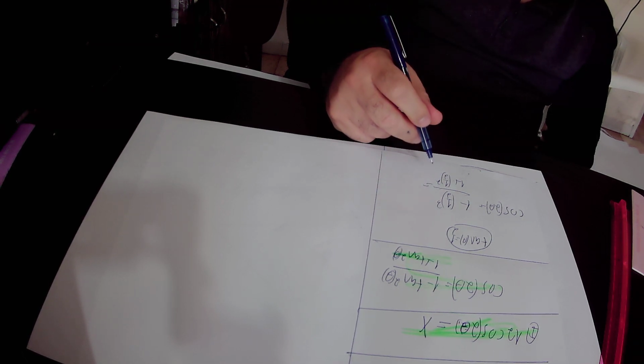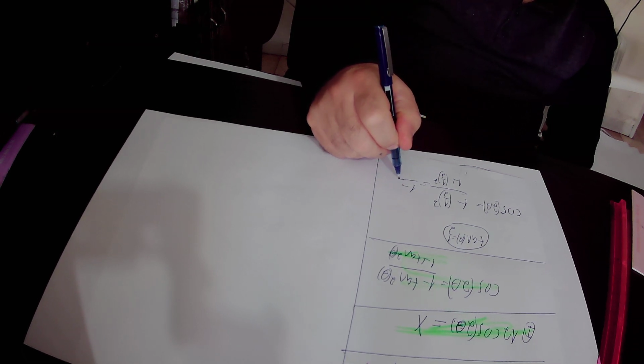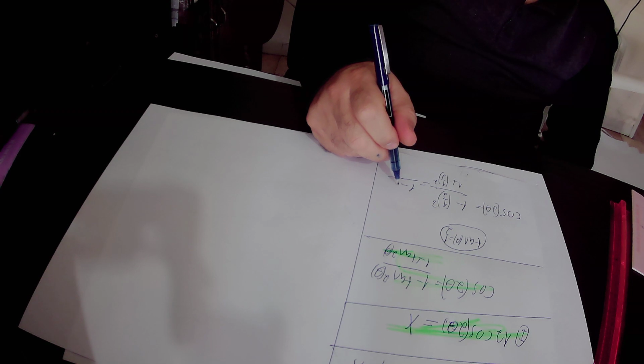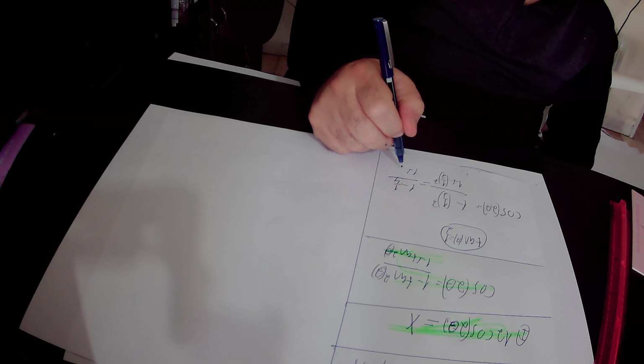Okay, so here we have 1 minus 1/2 squared, which is 1/4, over 1 plus 1/4.